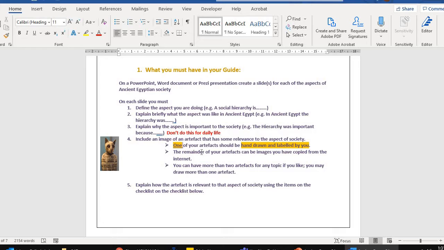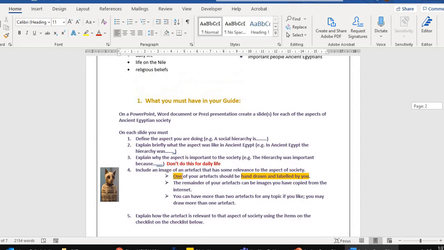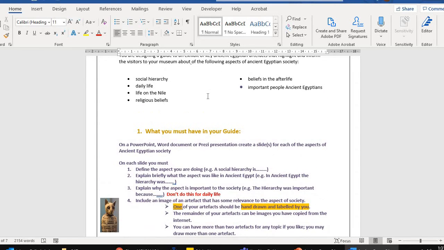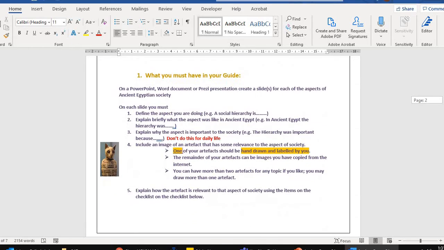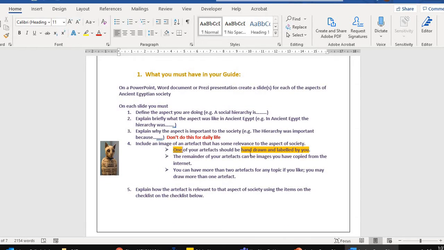You have to do an artifact for each of these. One of the artifacts has to be hand drawn and labelled by you. So you can draw one of them, or the rest can be a photo or a statue, whatever.